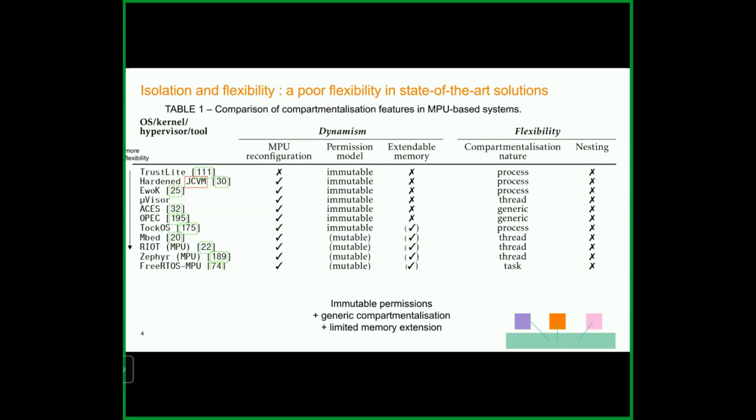What is meant here is that they don't provide any nesting of memory spaces, and so they only have one single flat isolation. I put some system into parentheses because either their permission model is mutable, but that is a bad practice because that means that they have more privileges to do so, and so that they circumvent their security model.